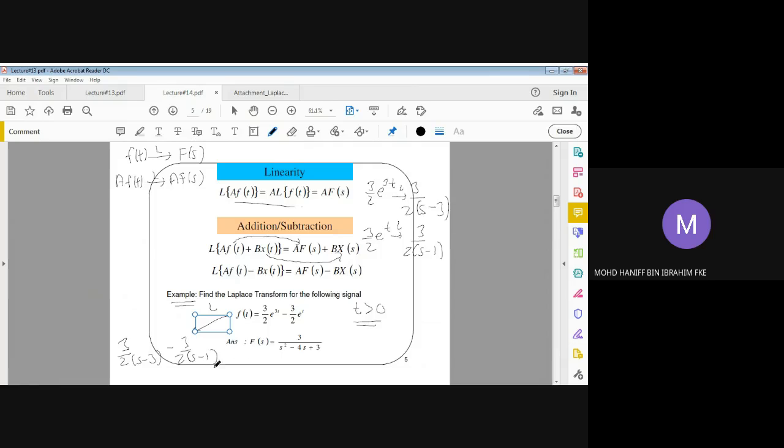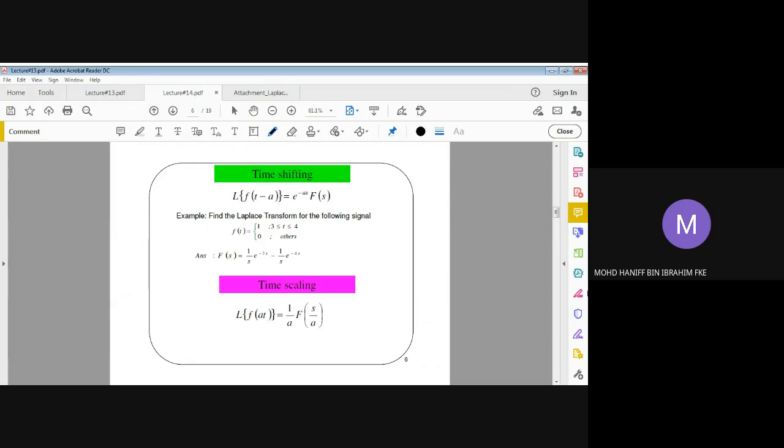If you solve for that, your answer will be obtained as here. So solve for that, and you're going to have this formula of F(s). Hopefully you understand these properties, linearity and also subtraction. You can ask me any questions within the lectures, no problem.